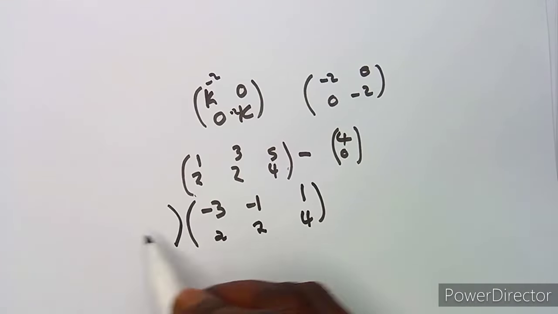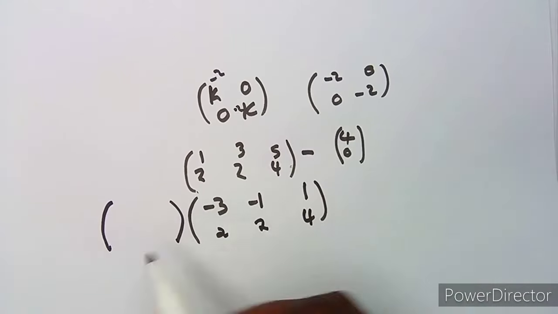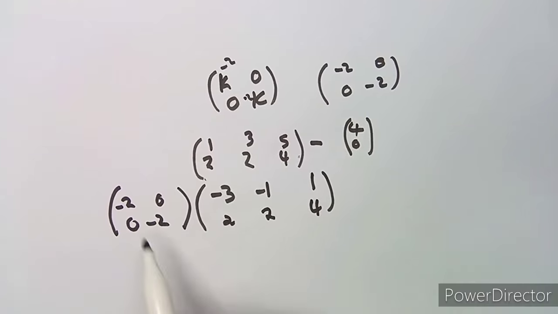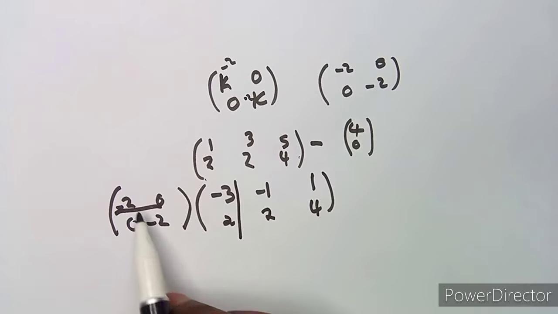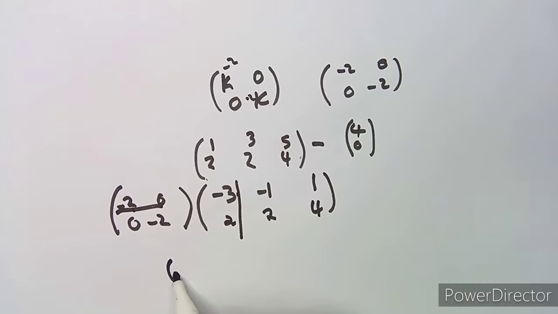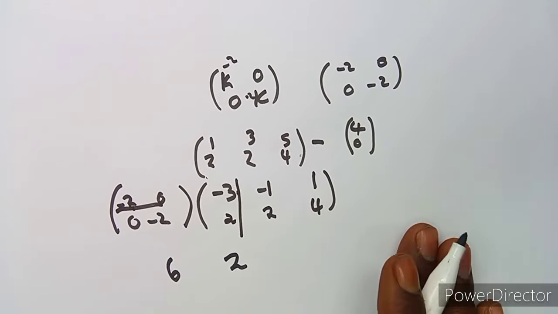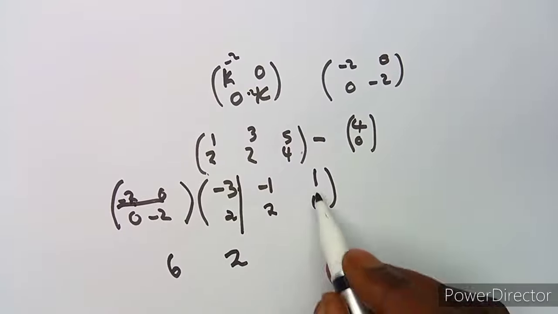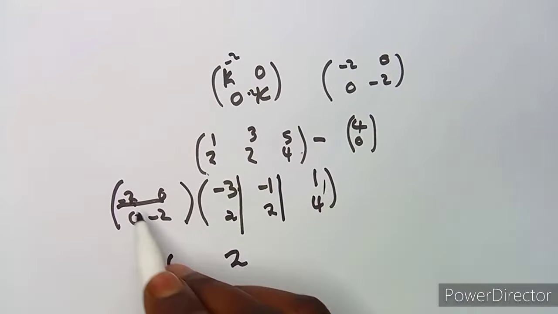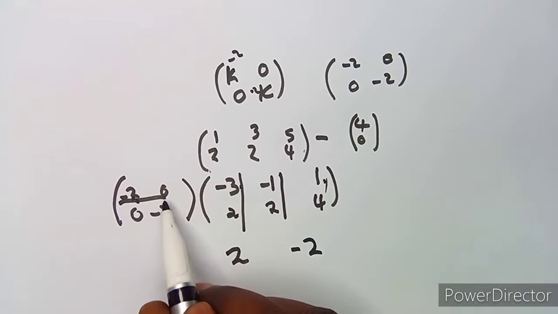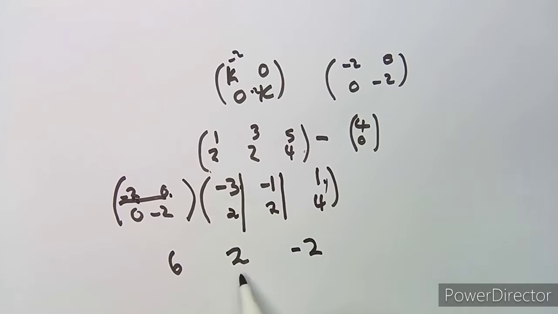And you will multiply now by the matrix for enlargement, which is -2 0 0 -2. If you multiply by this matrix, guys, row by column: -2 and -3 is 6, 0 times -2 is 0 and -1 gives positive 2. Then -2 and 1 is -2. Remember, this is a 0, so 0 times this number is 0, and when you add a 0 there is no effect.